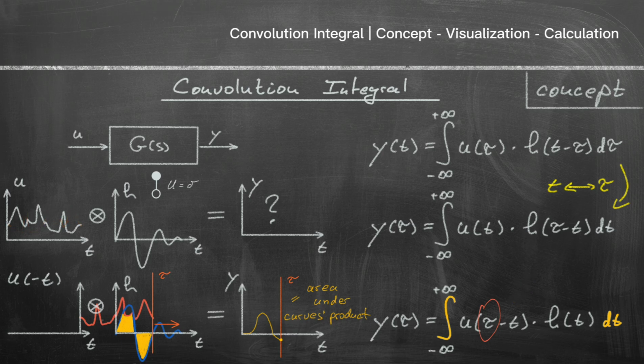Second, the two signals are slid over each other by letting the mirrored one run across the other as tau increases. Tau tells you how far the signals have been shifted relative to each other. And third, we compute the integral, meaning we evaluate the area of overlap of the two curves. That is the concept of the convolution integral.